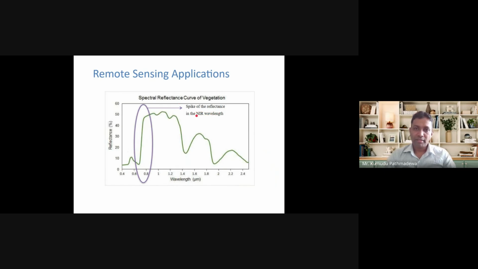By getting this near infrared wavelength, we can clearly see this region also. So if we can get the information on this region, we can get the idea of plant vegetation analysis. We can do that very effectively.